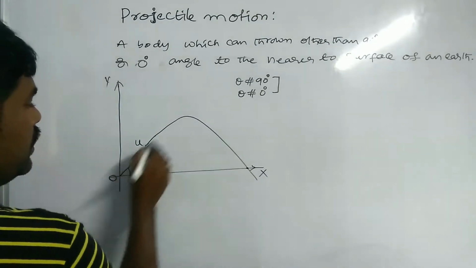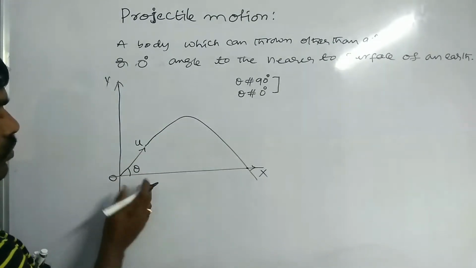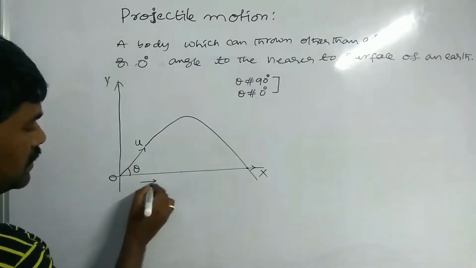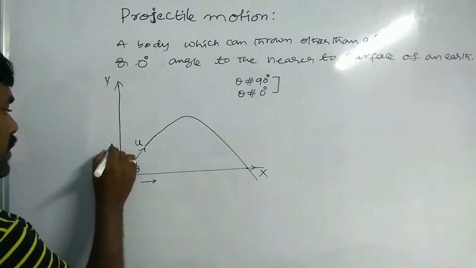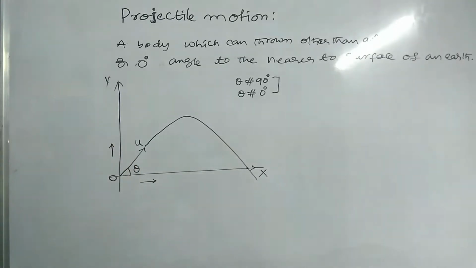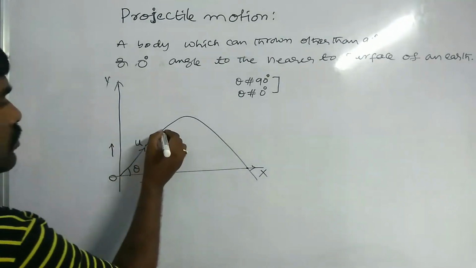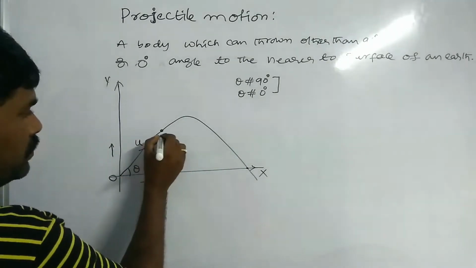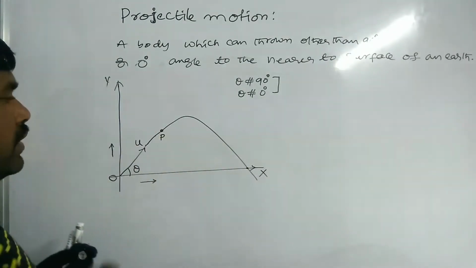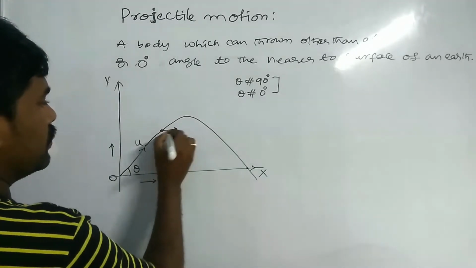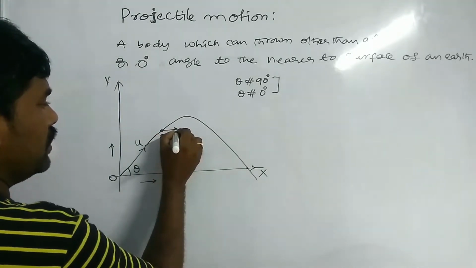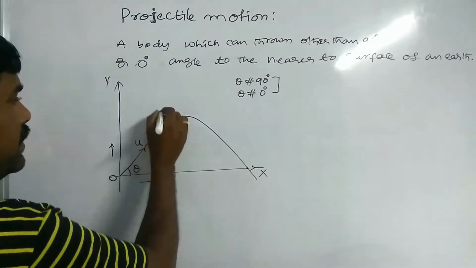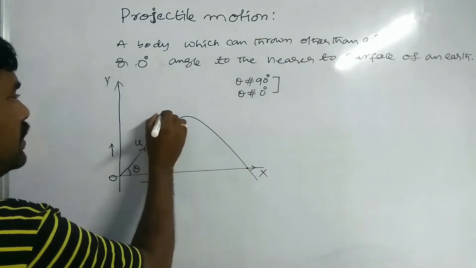Here the body has velocity along the x-axis and also along the y-axis. At any point you choose on the path of the projectile, say point P, it has some velocity along the x-axis, that is Vx, and the velocity along the y-axis, that is Vy.